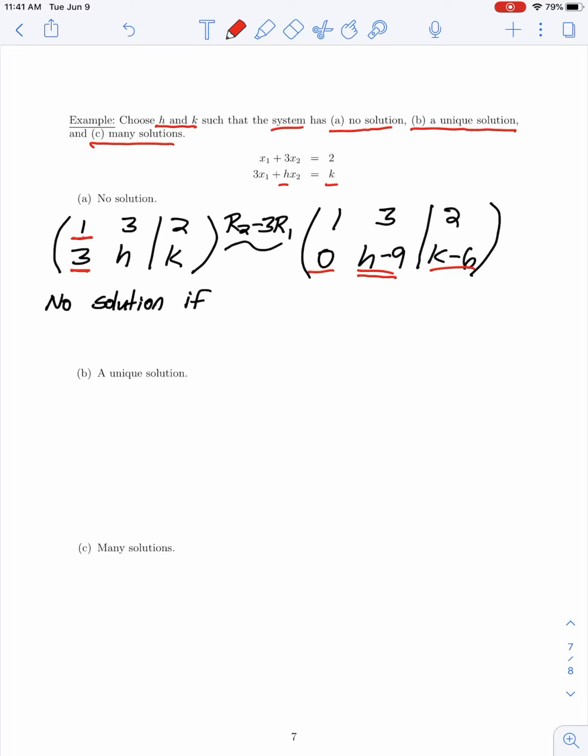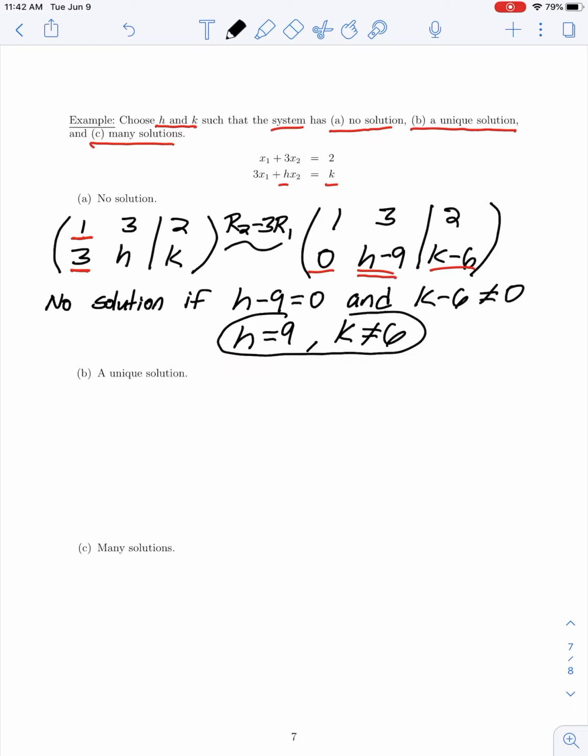So that would happen if this h minus 9 entry is equal to 0, and my constant k minus 6 is something other than 0. Or equivalently, if h is equal to 9 and k is not equal to 6. So this would be the condition on those constants, h and k, which would make this system inconsistent.